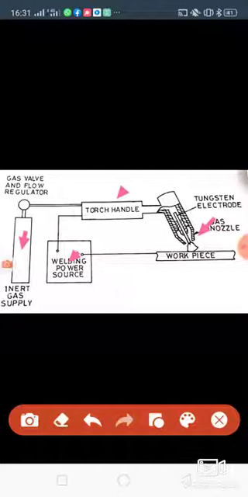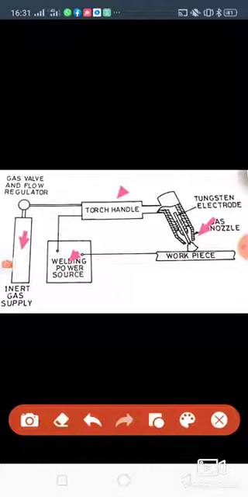Now what happens in electric arc welding? In normal electric arc welding, the filler rod is covered with flux, due to which, during the welding process, this flux will distort the appearance of the welded joint.